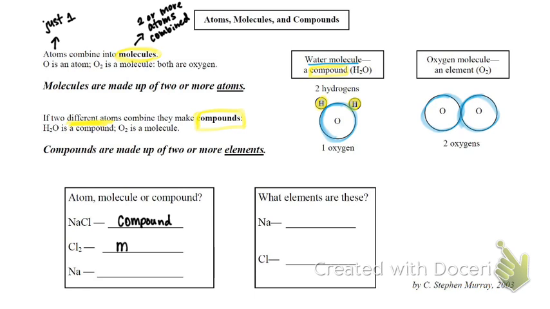Molecule, that's just 2 chlorine. Molecule. And then Na, another molecule. That's just 1. Oh, wait, no. If it's just one, what is it? An atom.